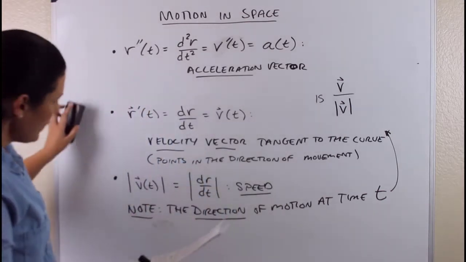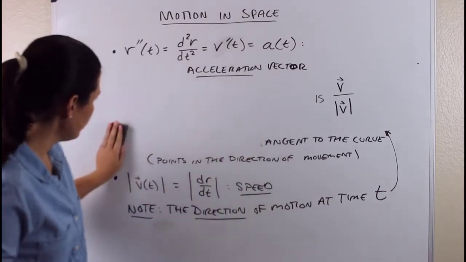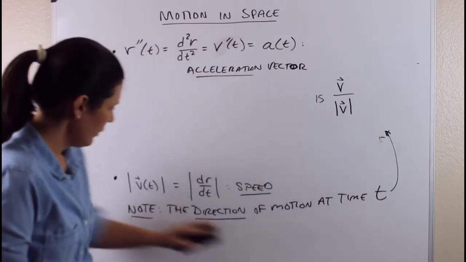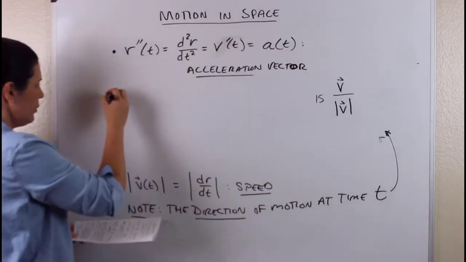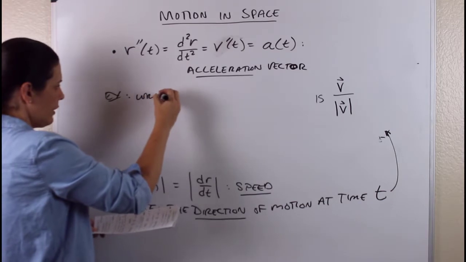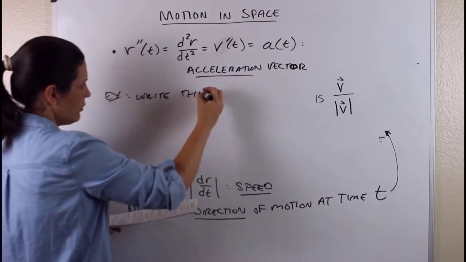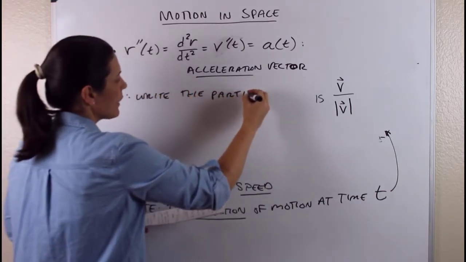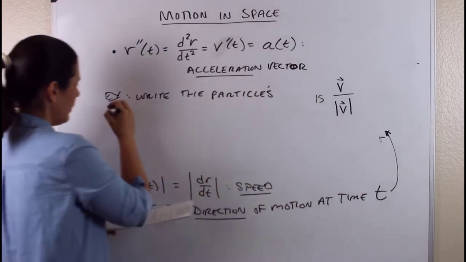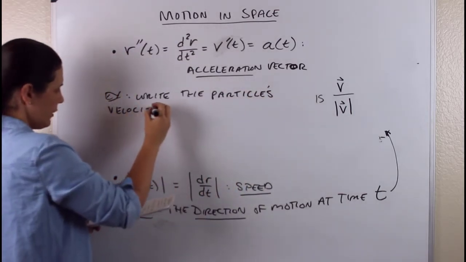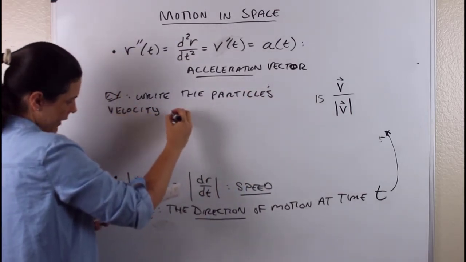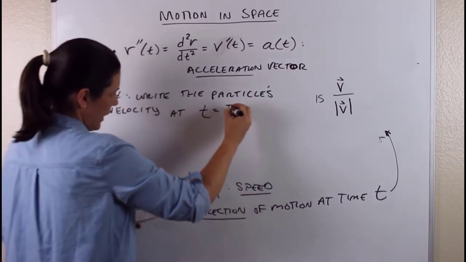Okay, let's go ahead and look at an example. Okay, so we want to write the particle's velocity at t equals pi over 2.